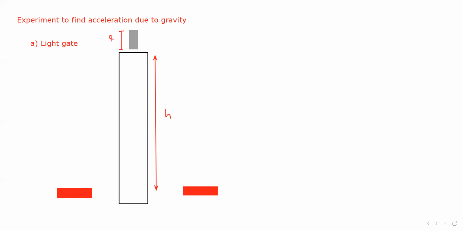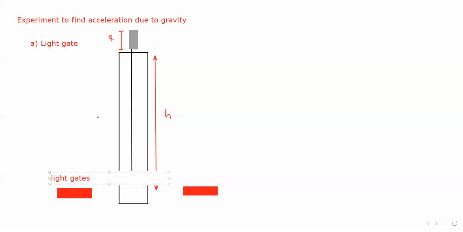As this object falls to the bottom, it will cut the light gate's light beam. Light gates are operated by light sensing switches.